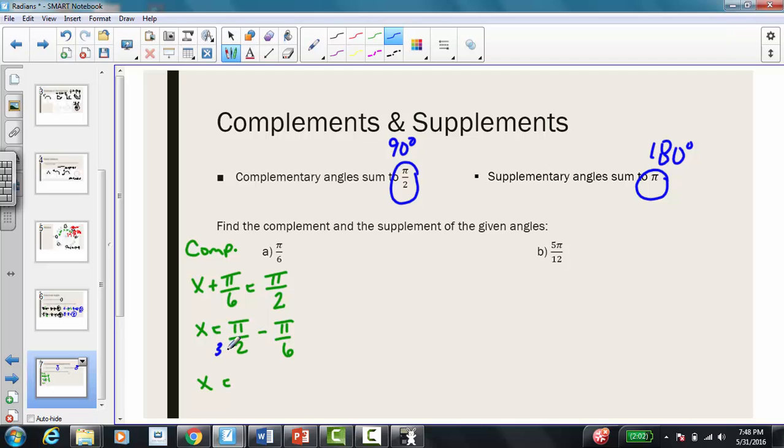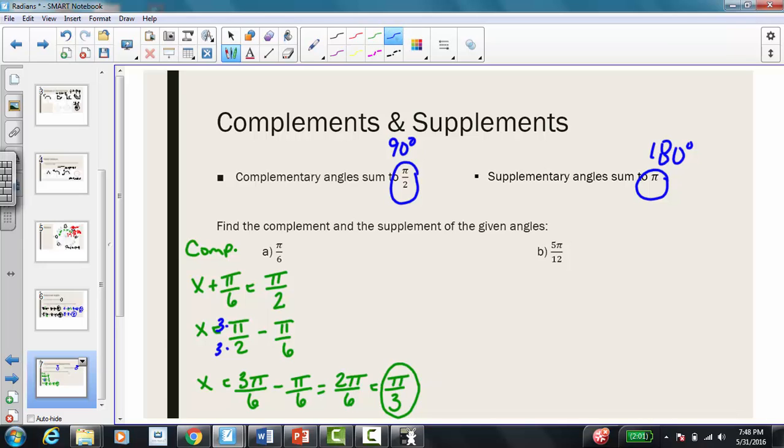So I'm going to multiply both numerator and denominator by 3, and that gives me 3 pi over 6 minus pi over 6, and I get x equals 2 pi over 6, which again simplifies to pi over 3. So pi over 3 is the complement of pi over 6. Pi over 6 plus pi over 3 gives me pi over 2.